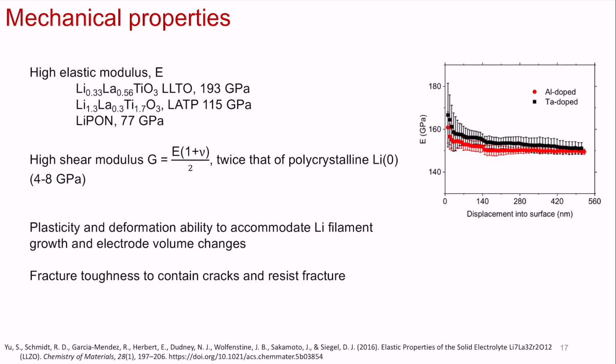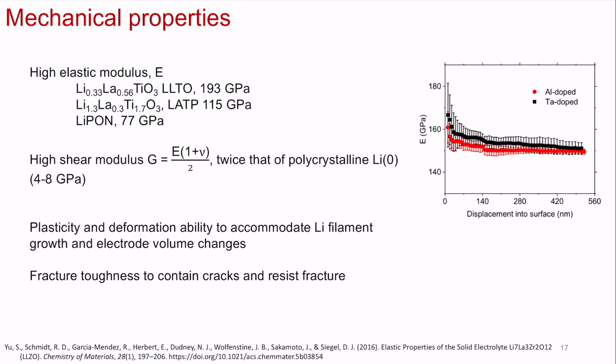Exactly, it's extremely difficult. So there are ways, though. You can substitute your oxide with, say, the example I have up there, aluminum, tantalum. Oh, sorry, I'm 2 minutes over. Aluminum, tantalum, and you can modulate some of the mechanical properties.